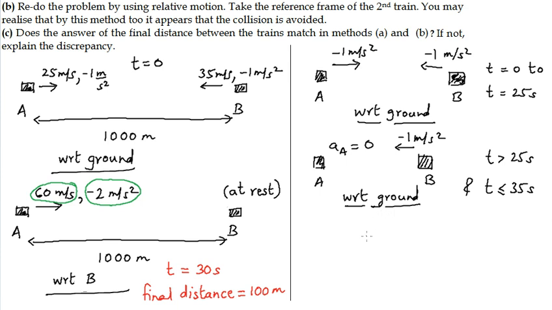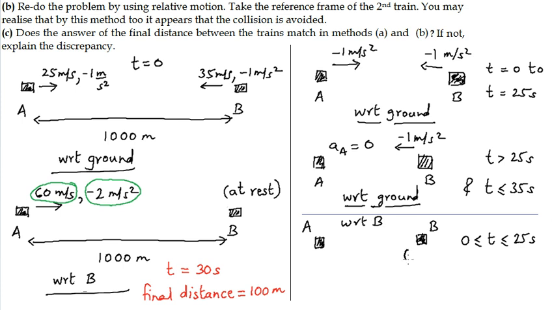Now what this means is that when I draw the picture with respect to train B, I get two different diagrams. One diagram is for the time interval from 0 to 25 seconds, during which, with respect to train B, B is itself at rest, of course, and train A travels at an acceleration of minus 2 meters per second square, which is got by subtracting B's acceleration from A's acceleration, taking the values which prevail for the first 25 seconds.